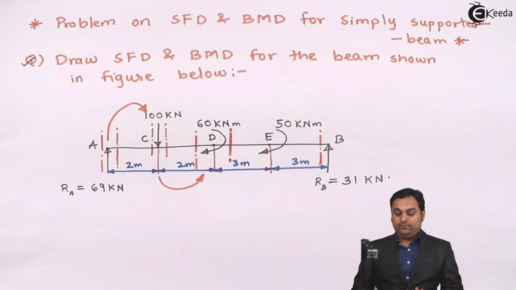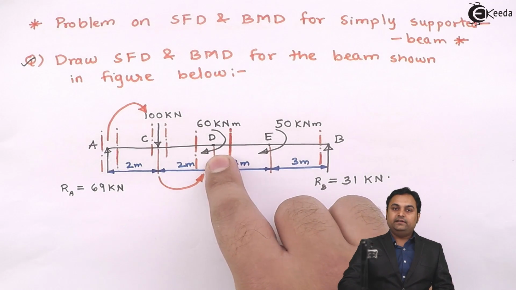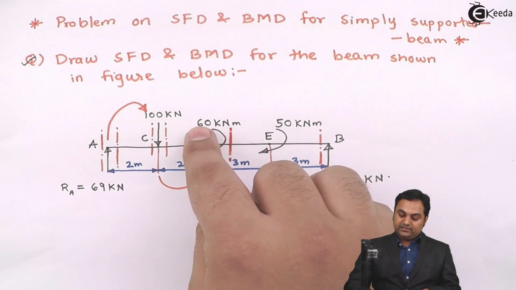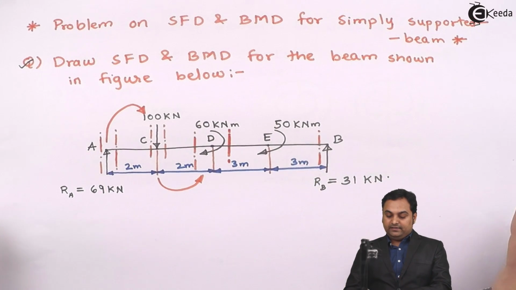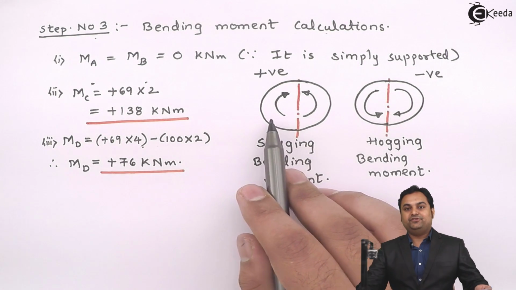It will remain same, but only thing is, to the left of this section I have to add this moment also. So here if we see, to the left of section there is clockwise moment, and clockwise moment to the left of the section is treated as positive.